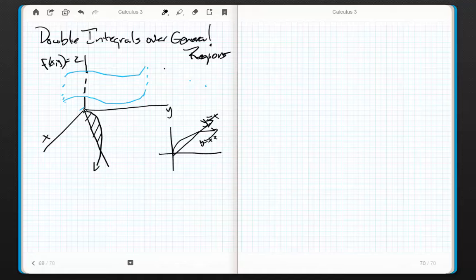I'm arbitrarily choosing where this is going to go. I'm dropping sort of this curtain, and then we're finding the volume of this guy right here.